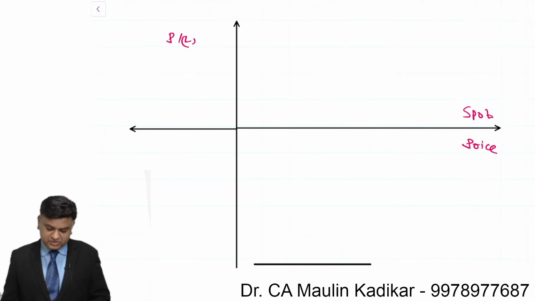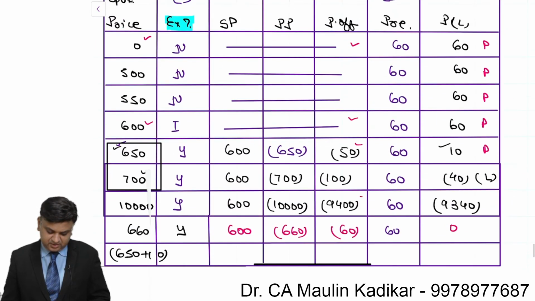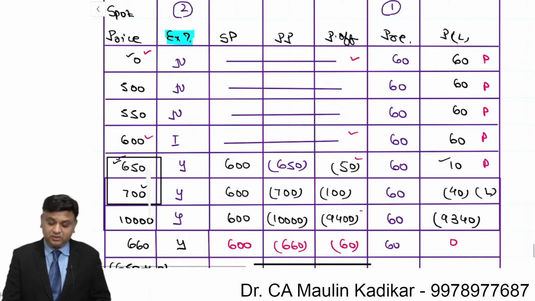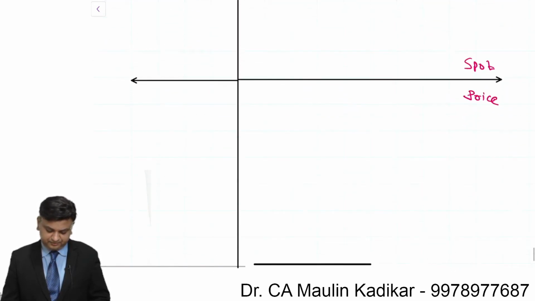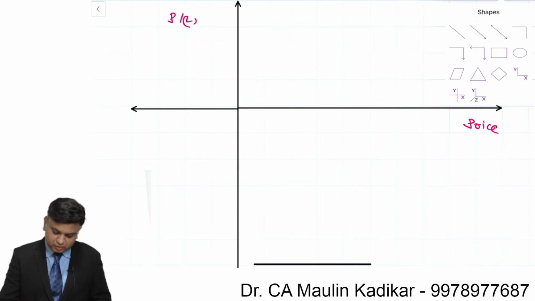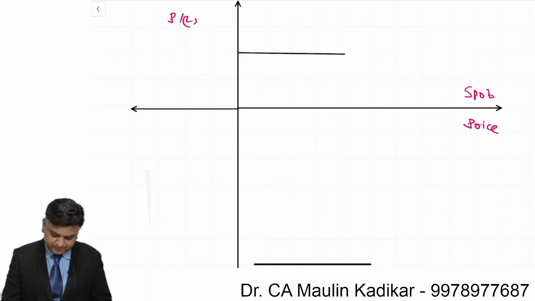As far as the profit or loss diagram is concerned, we understand when the spot price is 0, there is a profit of 60. Till the time the spot price is 600, there is a profit of 60. Then the profit reduces. At 660 there is a break-even point, and beyond that there is a loss. So up to a particular point, there is a profit of 60 rupees only. That is somewhere over here.